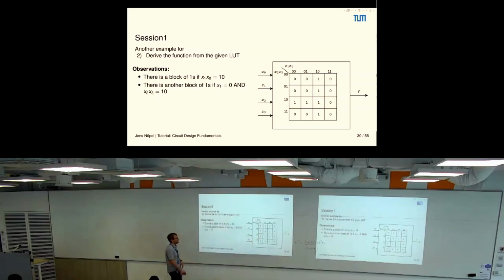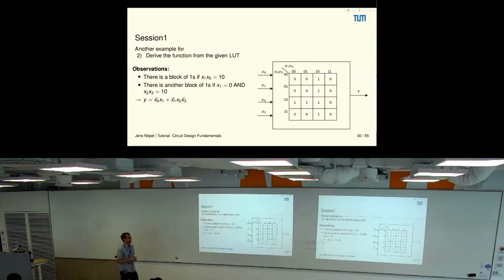And then you think about what the condition there is, and you see that x1 needs to be 0, and x2, x3 needs to be 1, 0. And then you will have a 1 at the output. The resulting function then is: not x0, x1, or not x1, x2, not x3.